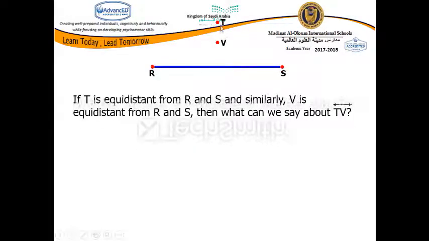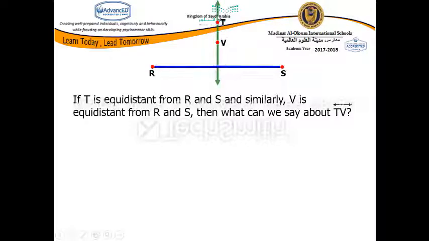Here we have 2 points, T and V, and the line segment RS. If T is equidistant from R and S, and similarly V is also equidistant from R and S, what can we say about the line TV?